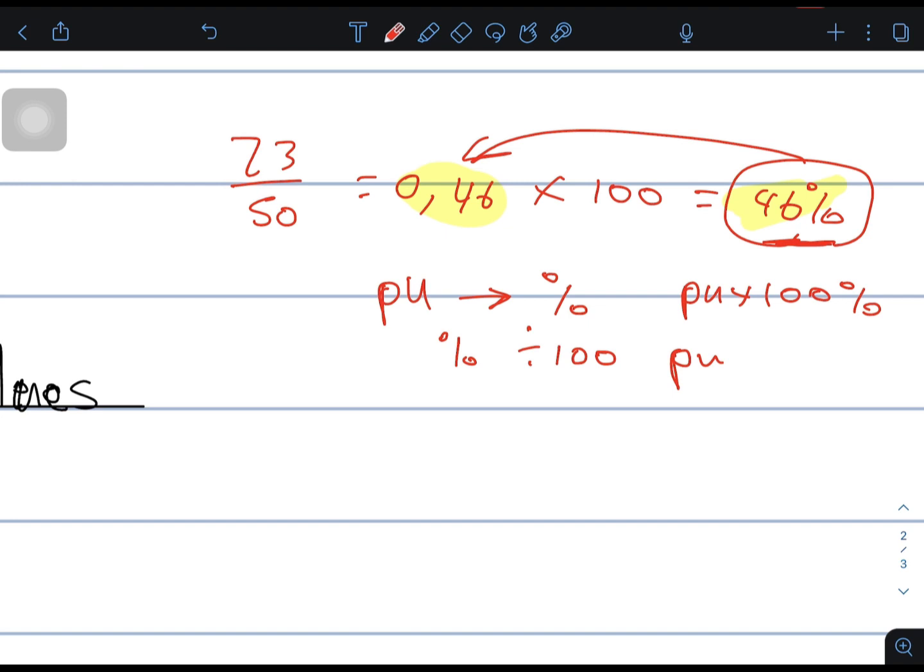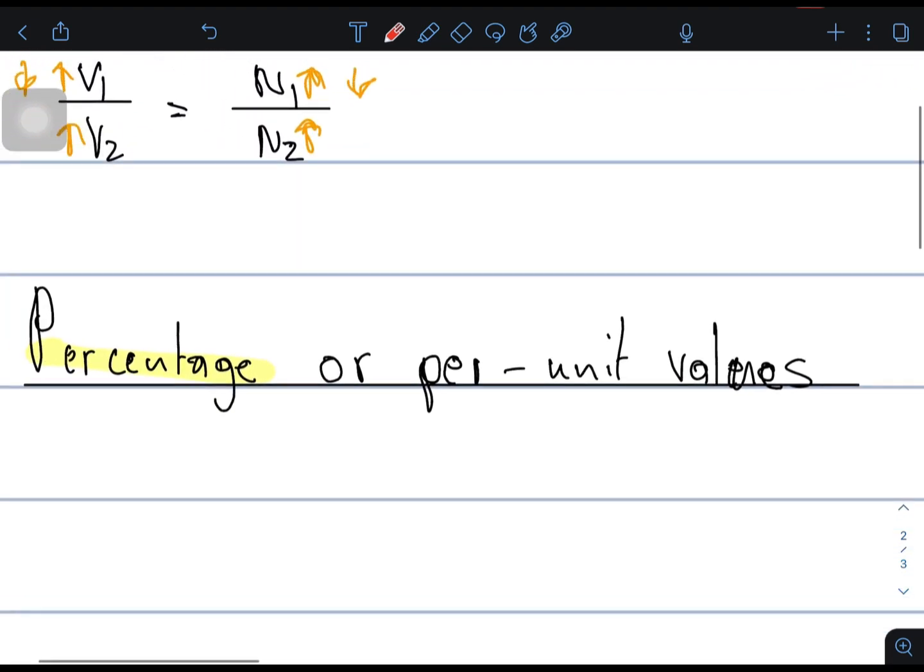Okay, let's now talk about this topic: why do we have percentage or per unit values? The manufacturers of transformers, when they give us the resistance of the windings, the reactance of the winding or the impedance of the winding, will give us either in what? In percentage or per unit values.